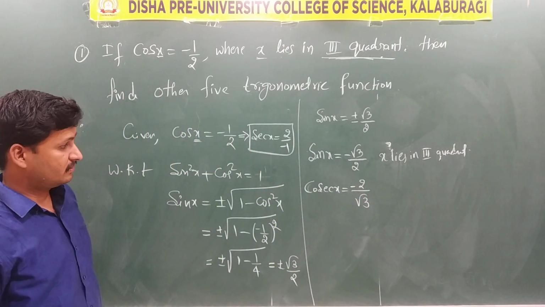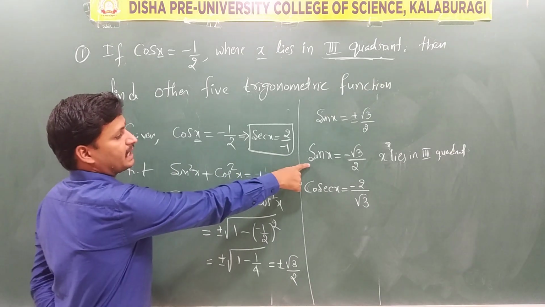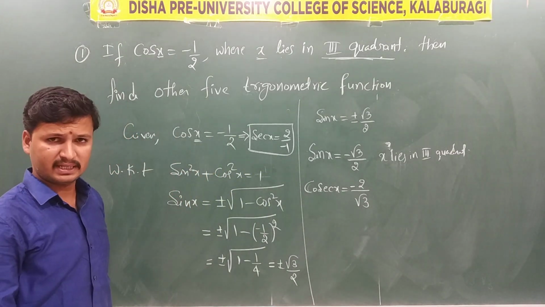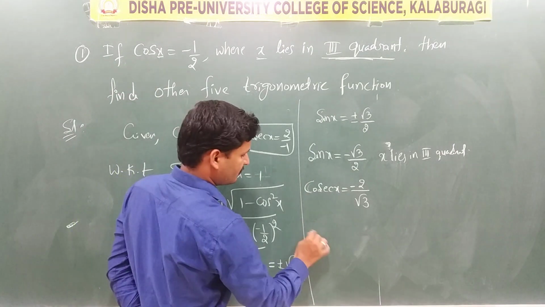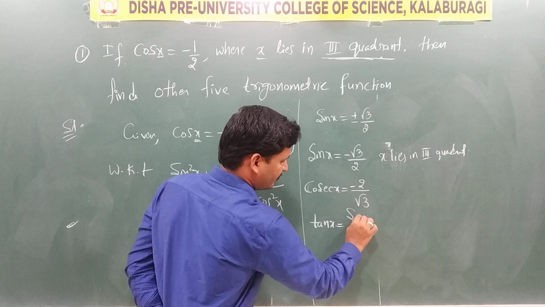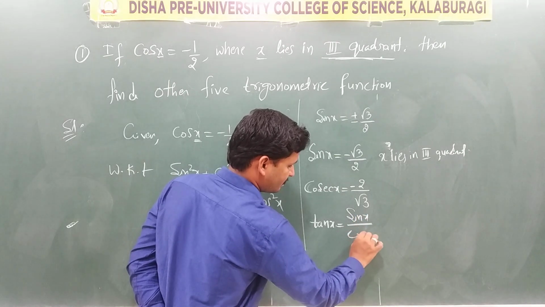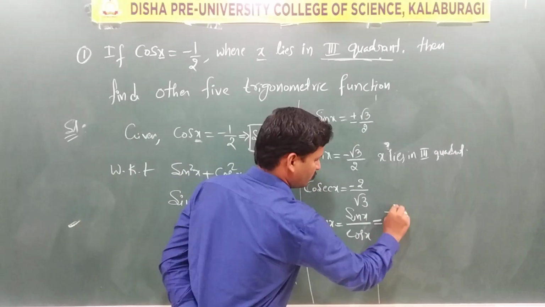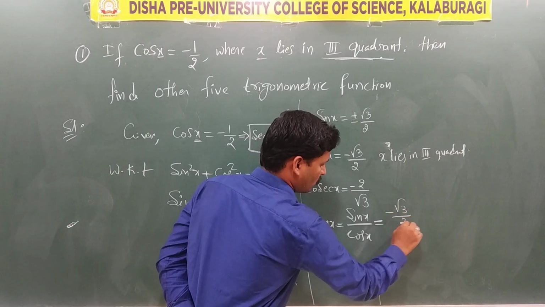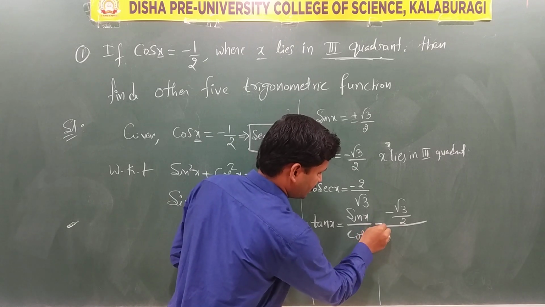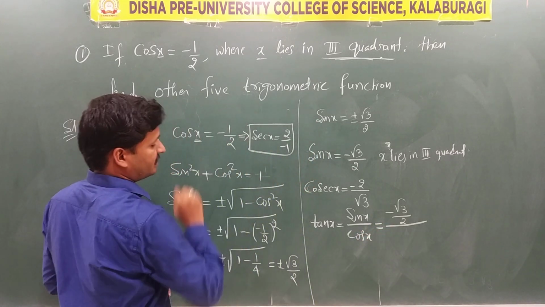And then next, we know sin x and cos x. Just divide sin x by cos x, we will get tan x. Correct now? So tan x is equal to sin x divided by cos x. So here sin x is minus root 3 by 2, divided by cos x, which is minus 1 by 2.